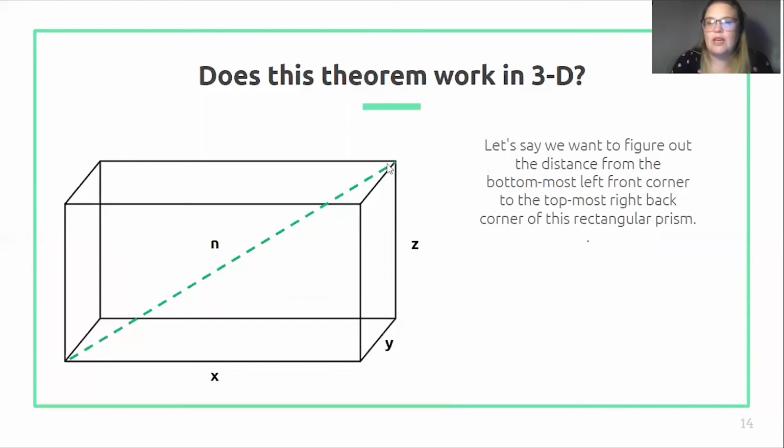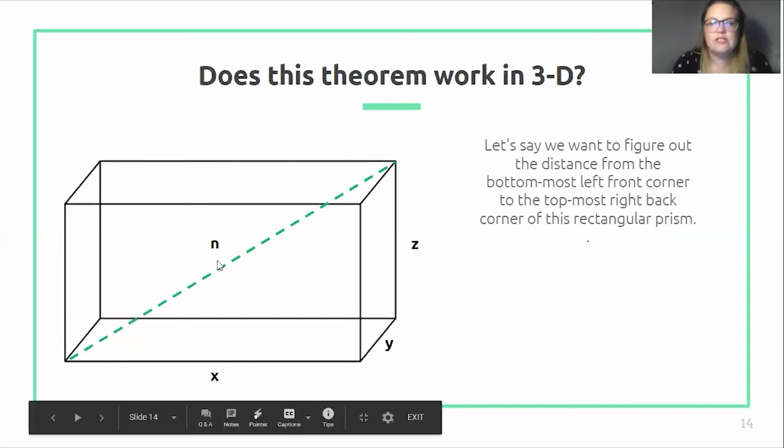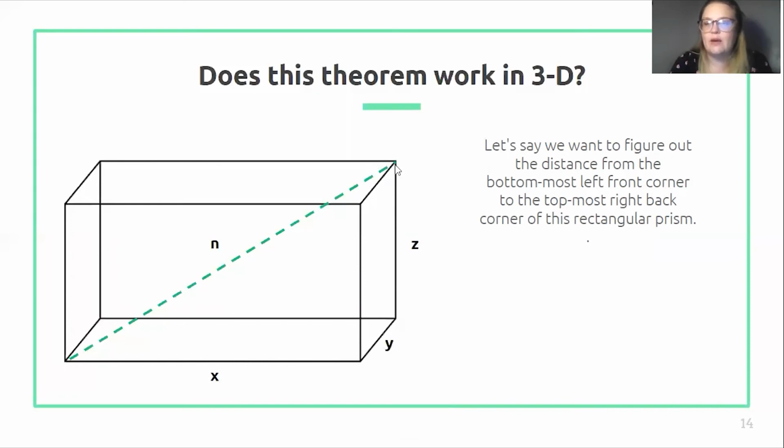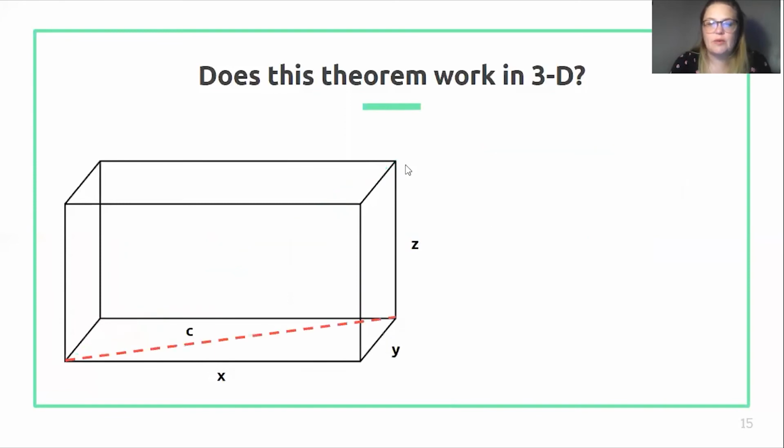Now, we'll call that value in here. So if we're going to try to solve for this line that's marked in, is there a way that we can do that? Can we find a triangle in this prism that can help us solve for that? Let's go ahead and look and see what we can see.